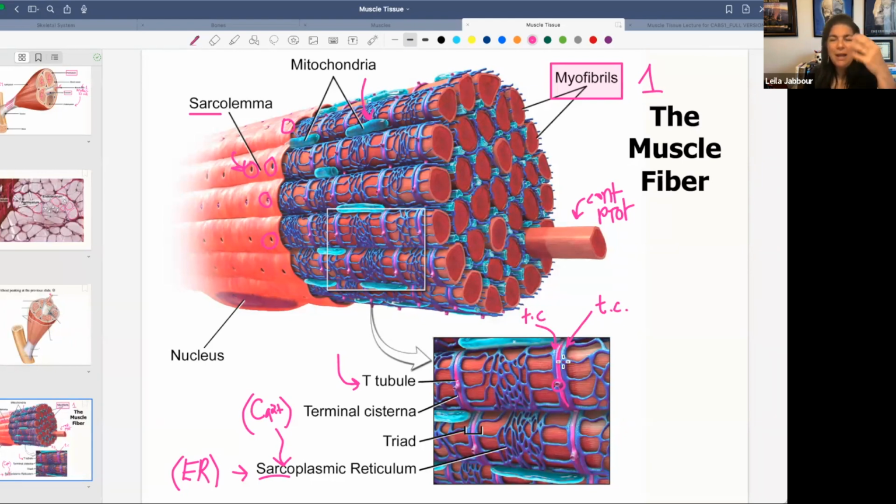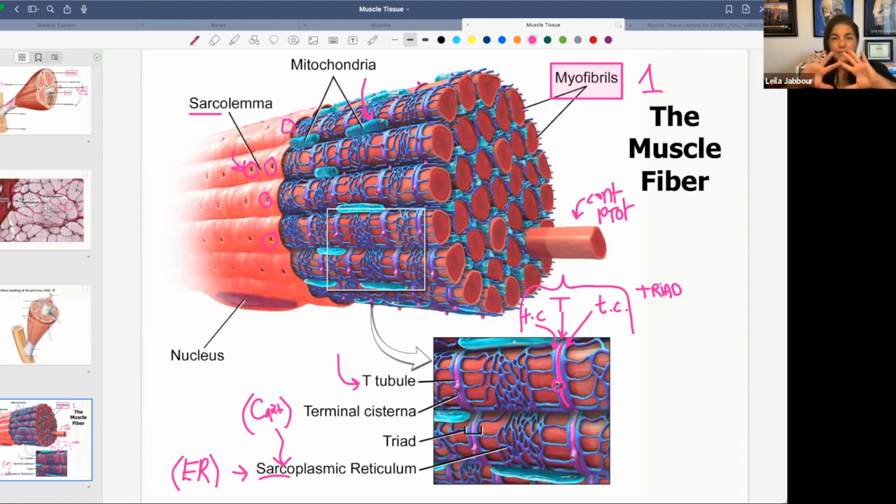So you end up having this really cool triad where you have one T tubule and two terminal cisternae, and this is your triad. I'm presenting you the structures, and then when I talk about muscle contraction and I say triad, you'll know what I'm talking about.